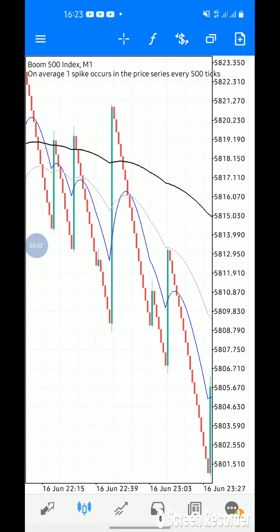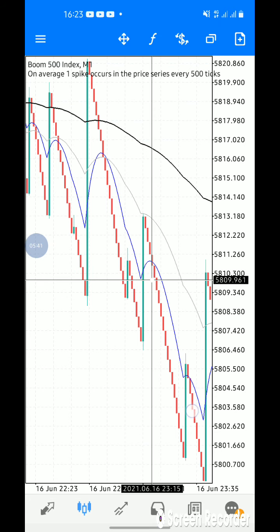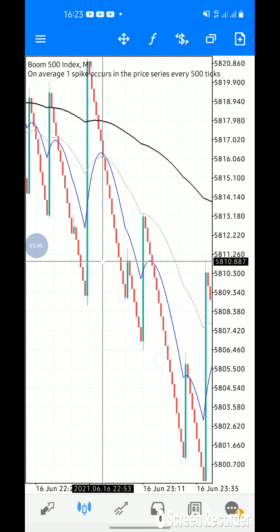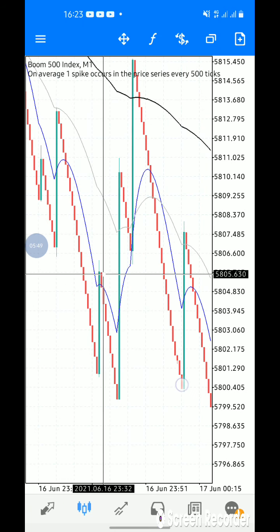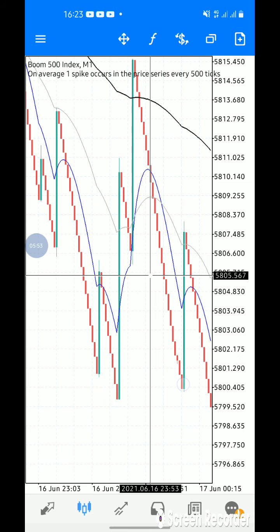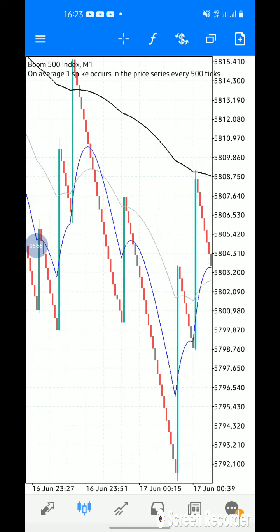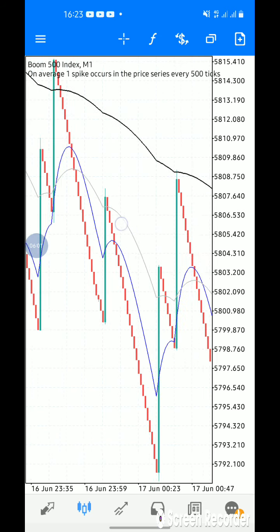So by only observing that, you can trade with the trend, and you can also trade against the trend. For example, if I would like to sell, I could have easily sold here, here, and here, also here. I've seen people struggling to be sure even with one bar. With this, you can be sure.